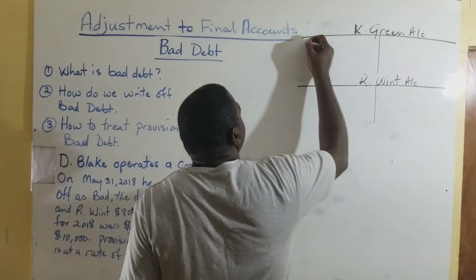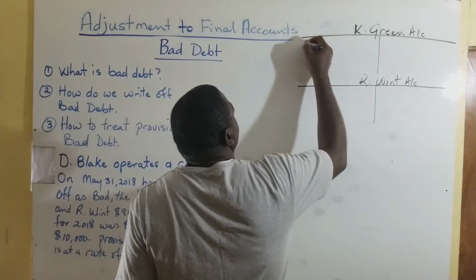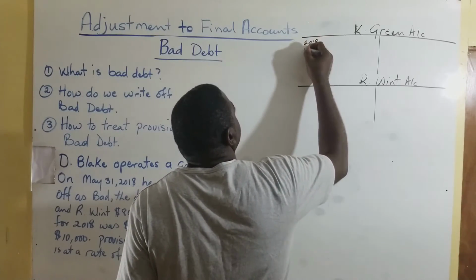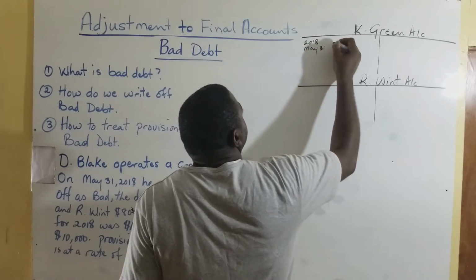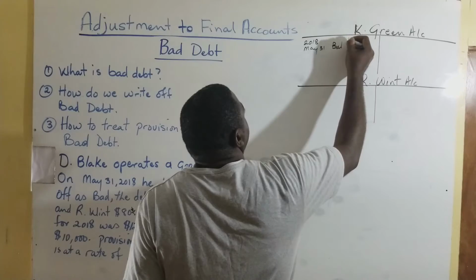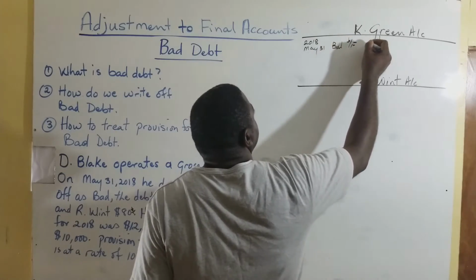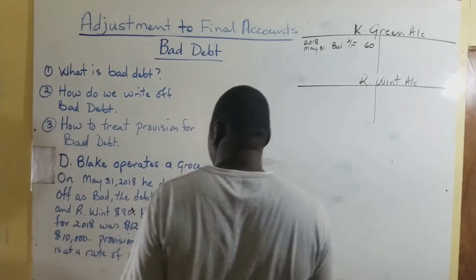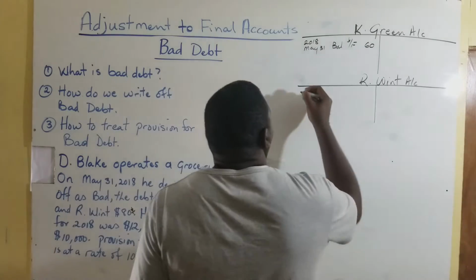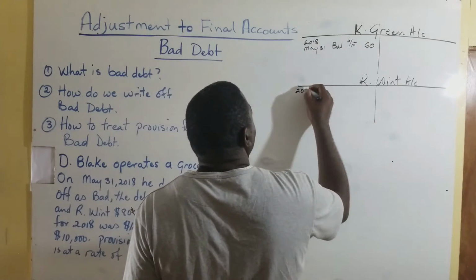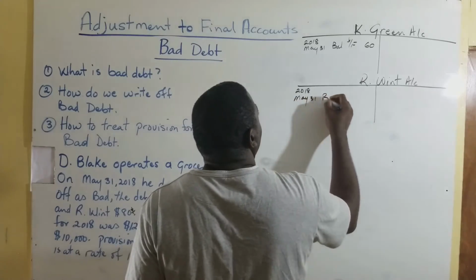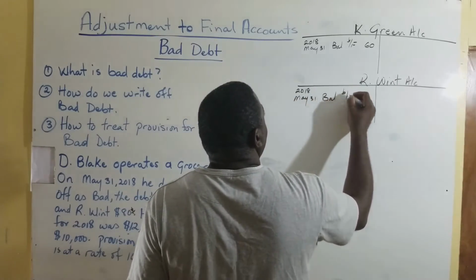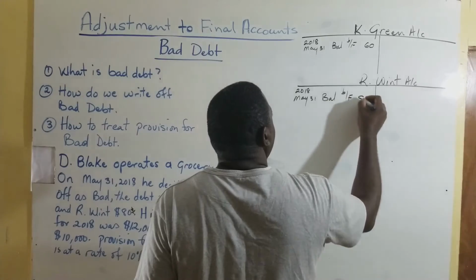So we're going to have, on 2018 May 31st, the balance brought forward of $60 for Green, and for Wint, balance brought forward is $80.